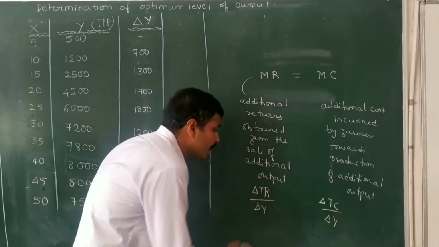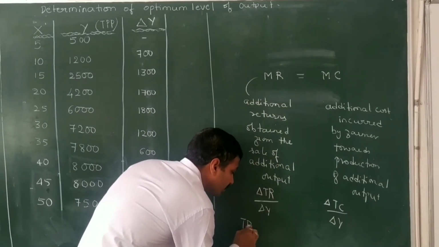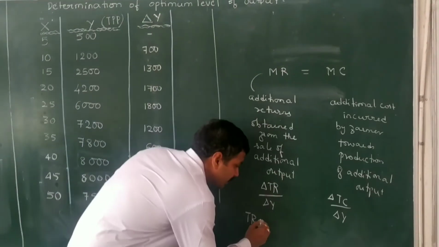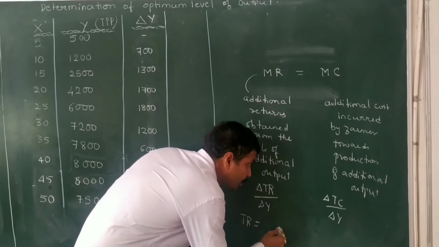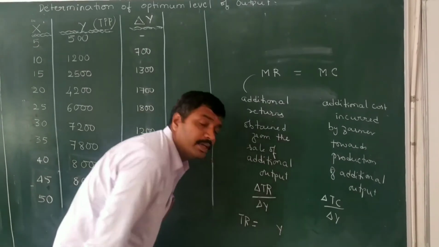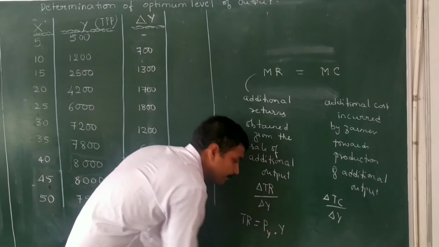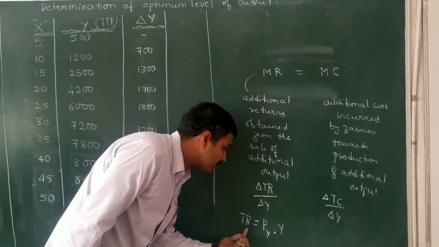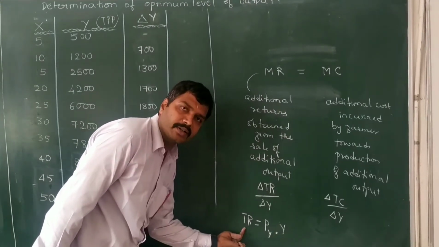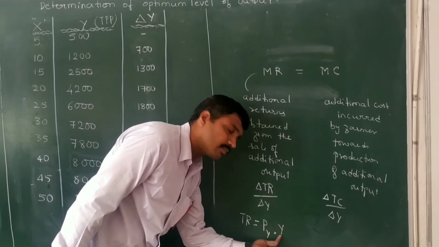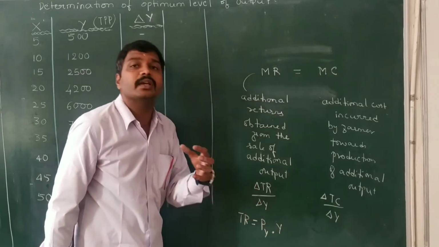Okay. So now, what this TR is? TR stands for total returns. How it will be obtained? See here. Supposing farmer produces Y units of output, and if he sells it at PY price, then the resulting entity we call it as total returns. In order to produce this particular output, he needs to incur cost.